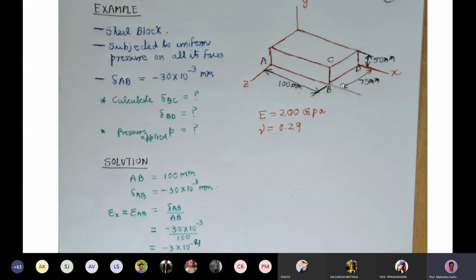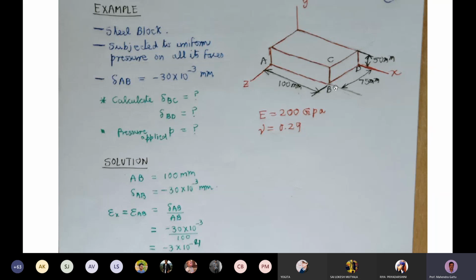The material properties are given: Young's modulus 200 gigapascal and Poisson ratio 0.29. So again, Poisson ratio lies between 0 and 0.5. This steel block is subjected to compression, that is hydrostatic pressure.